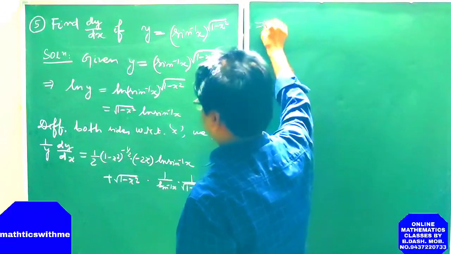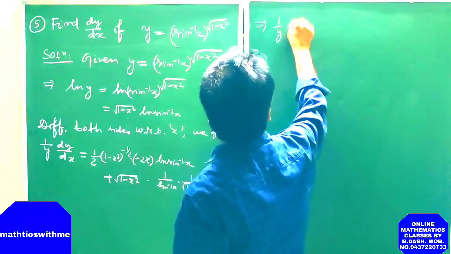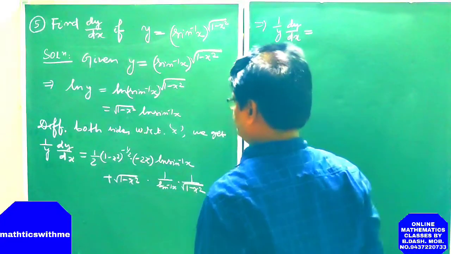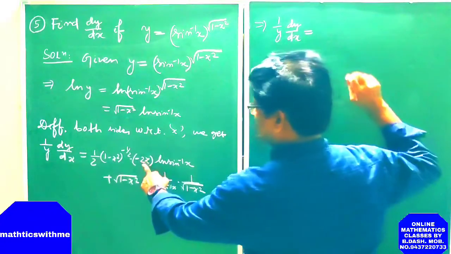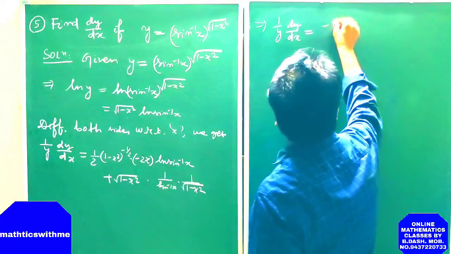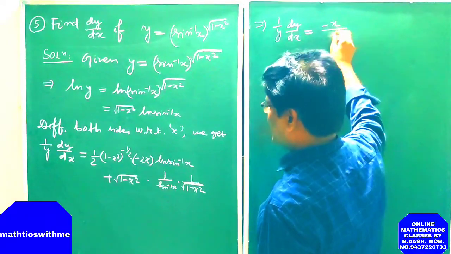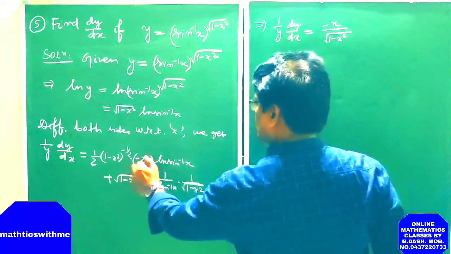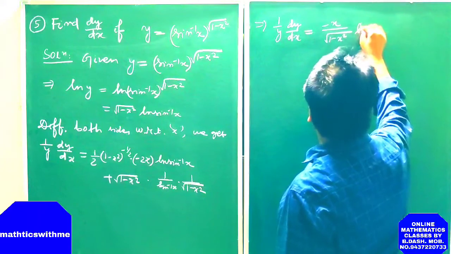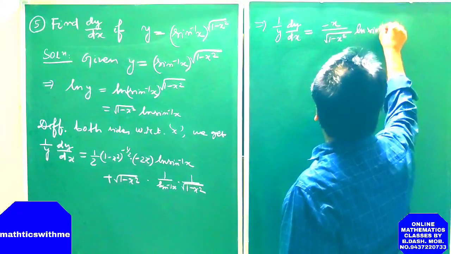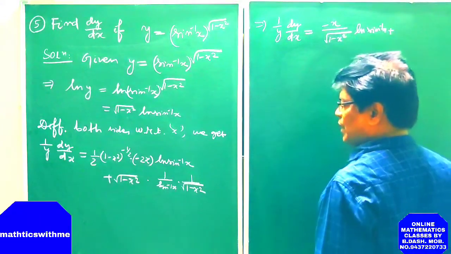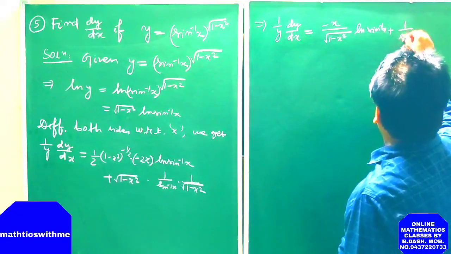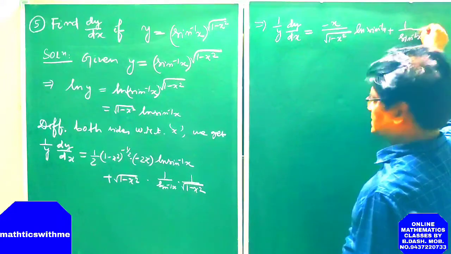So this implies 1 by y dy by dx is equal to, the 2 cancels, minus x by root over 1 minus x square into ln sine inverse x, plus 1 by sine inverse x.